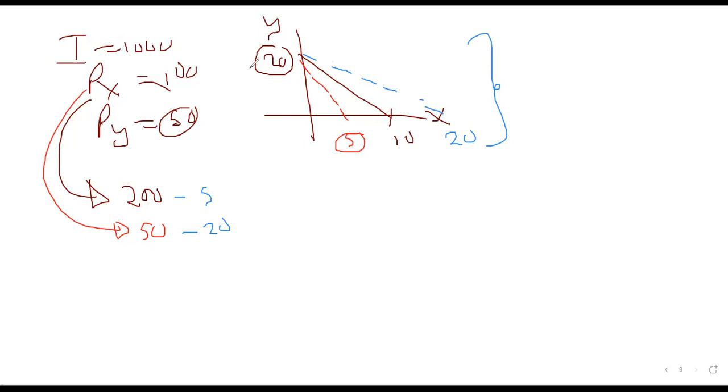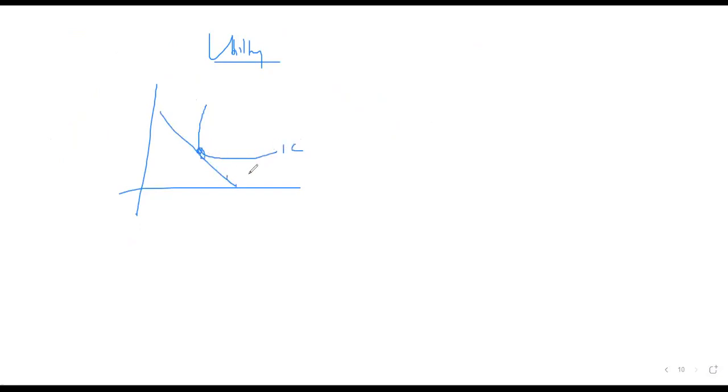All right, so we now go to the introduction of the utility functions. With the introduction of utility functions, you must understand that utility can be optimized at a point where the indifference curve is a tangent with a budget line.